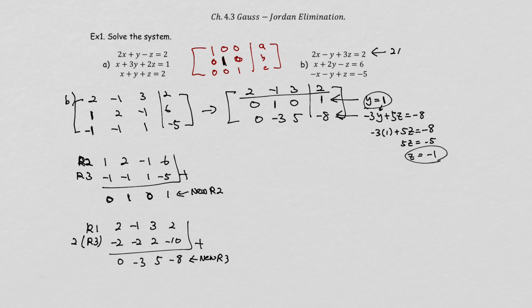So it will be x minus 1 plus 3 times negative 1 equals 2. This gives you negative 1, negative 3, so negative 4 equals 2. When you add 4, you get 2x equals 6. Divide by 2, you get 3. So the solution set should be 3, 1, and negative 1, right?